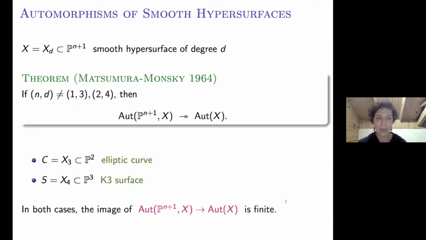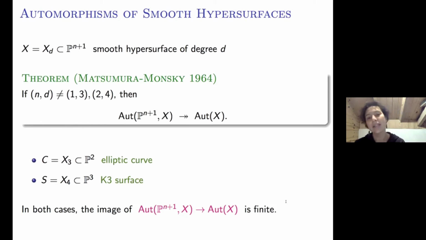Remember, for a smooth hypersurface of degree d, the automorphisms of X are always induced by linear transformations on the projective space, except in the case of a cubic curve, an elliptic curve in P2, and a quartic surface, a K3 surface in P3.